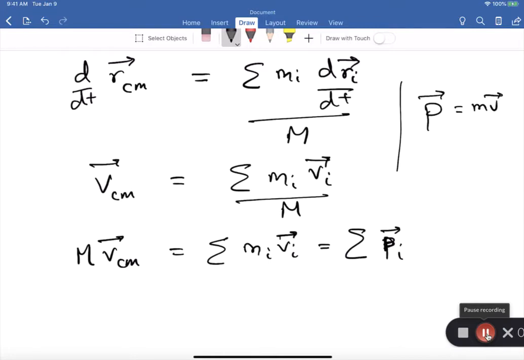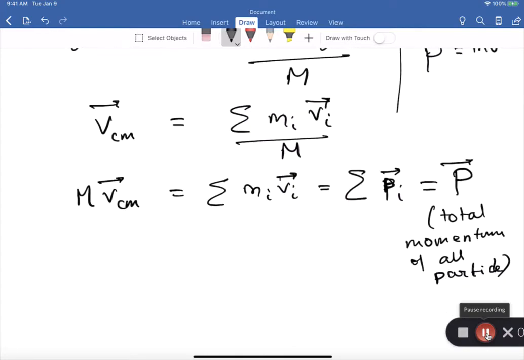So we can write that as capital P, the total momentum of all the particles. And total, by the way, is in the sense of vector addition. So if you vector add the momenta of all the particles, you get capital P, right?